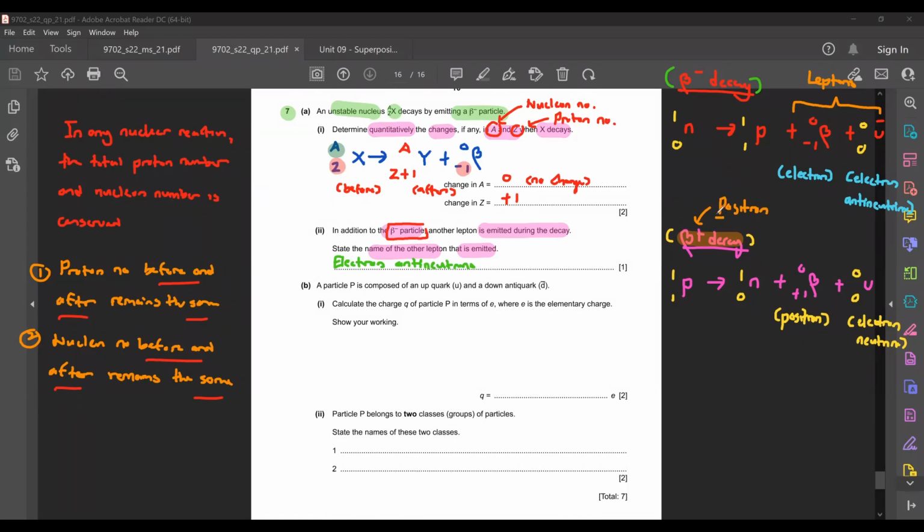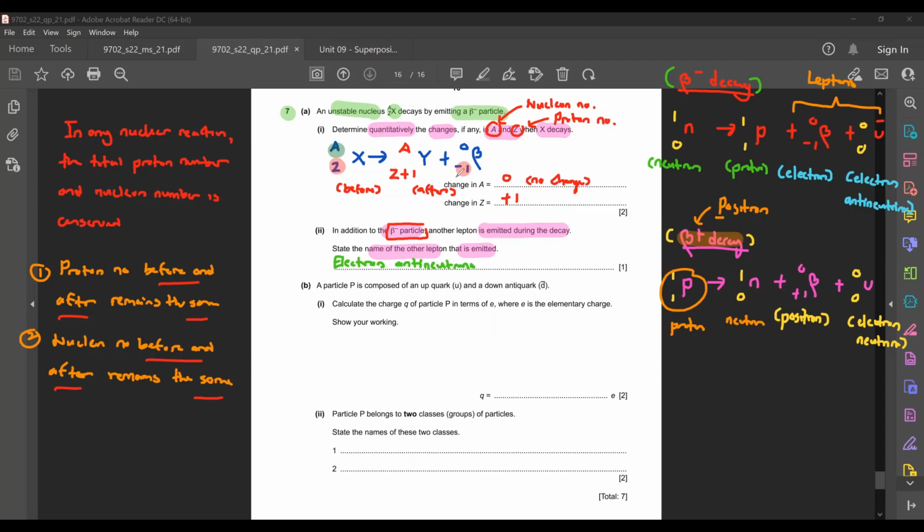So positron starts with P. So if it starts with P, then it is proton. Okay, so proton changes to neutron. That's the easy way to remember whether it should be proton first or neutron first. If you remember beta plus decay is positron, it starts with P, so it's proton first. Okay, so then the other one must be the other way around. So if it's beta minus decay, it will be neutron changing to proton. Okay, so that's how you can easily remember them.